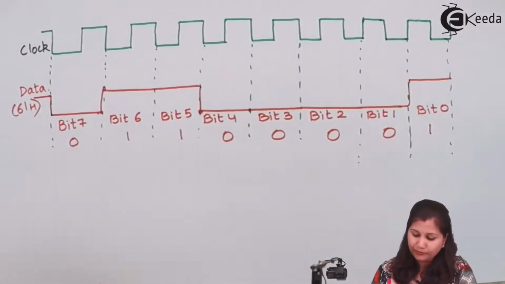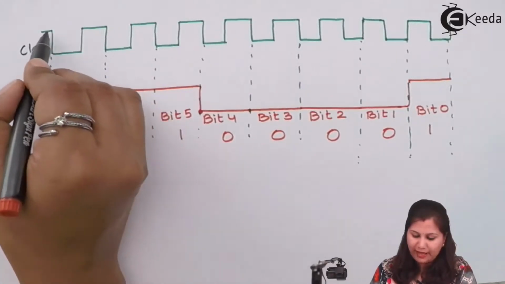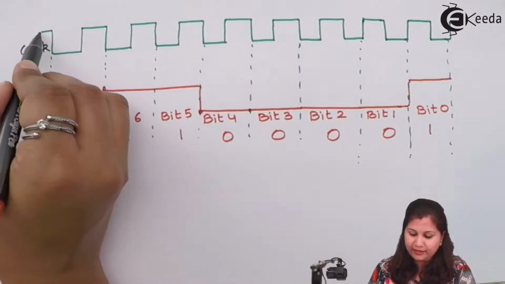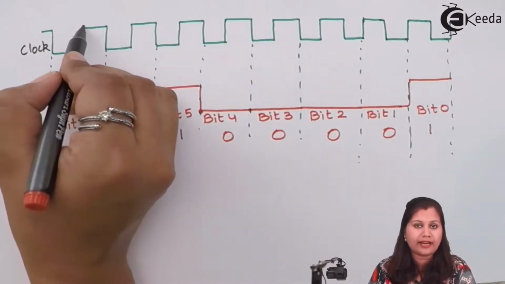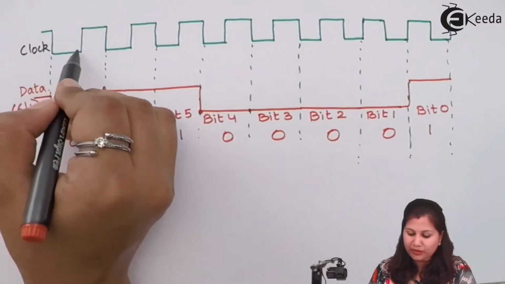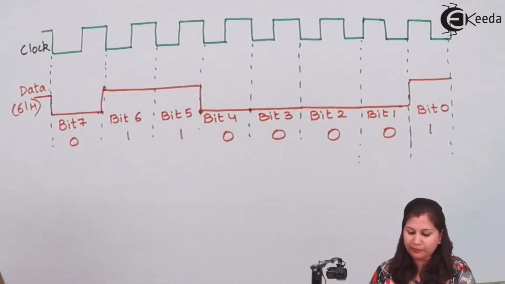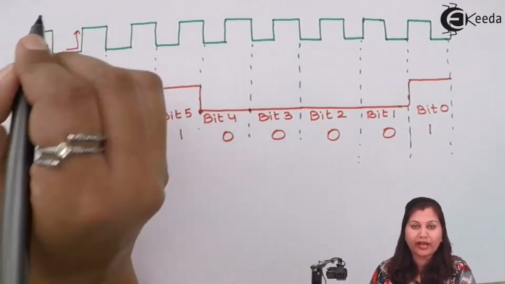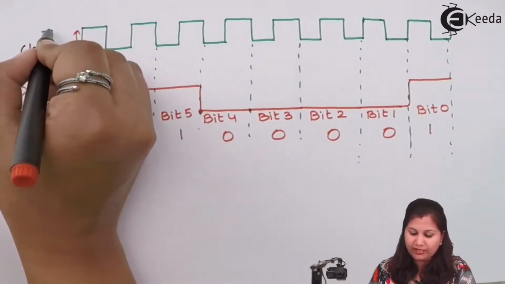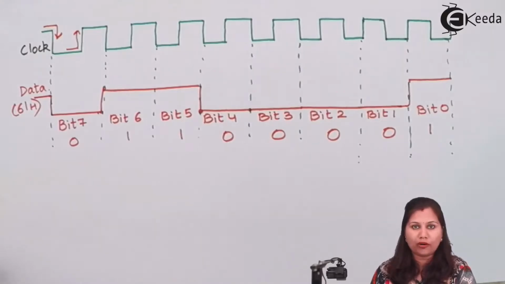Okay. Now this is the clock pulse. Now this clock pulse has one end which is the falling edge, and the other end is the rising edge. Rising edge means the transition is taking place from low to high, and when the transition is from high to low, that will be called the falling edge.